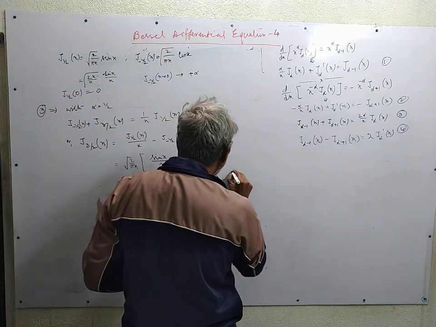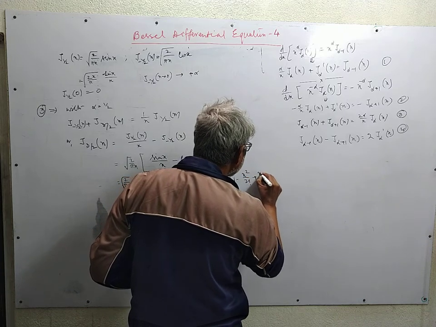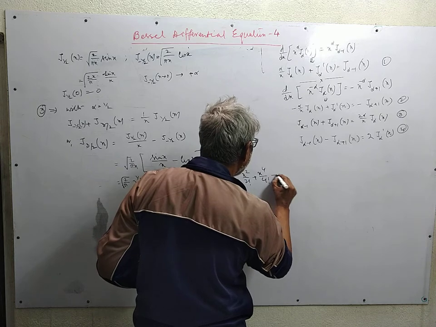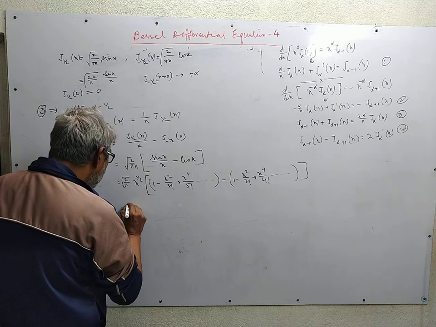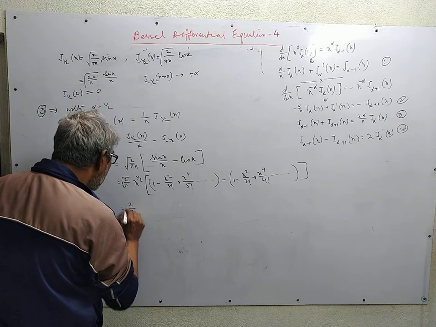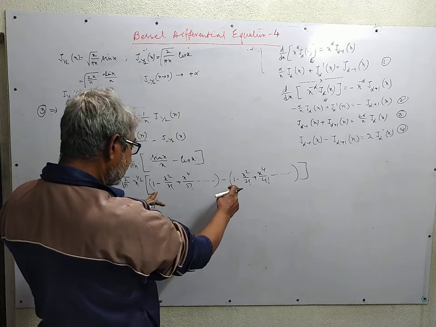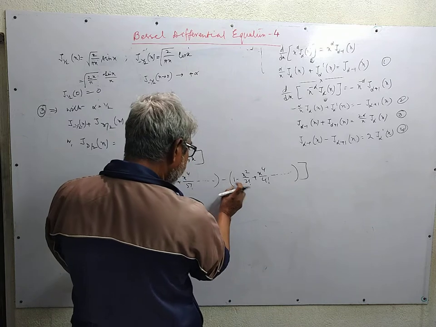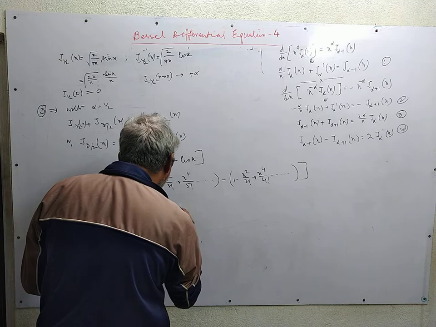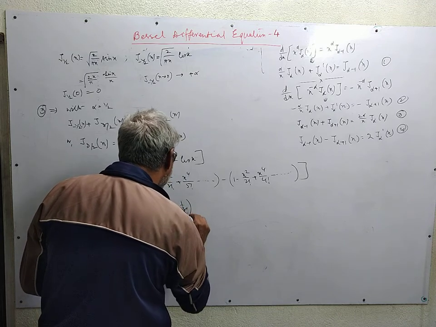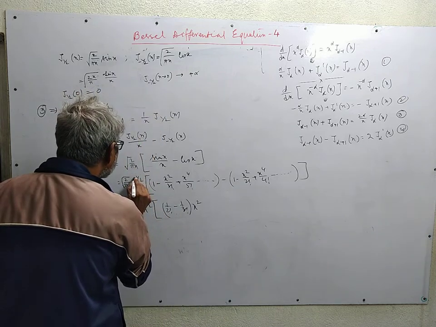And this is minus 1 minus x square by factorial 2 plus x to the power 4 by factorial 4, times x to the power half. This 1 cancels out, and this part is 1 upon factorial 2 minus 1 upon factorial 3 times x square.